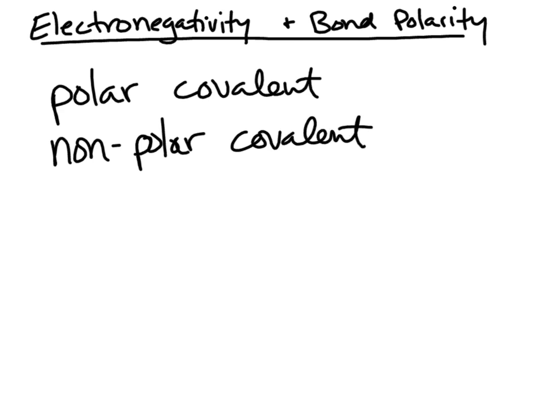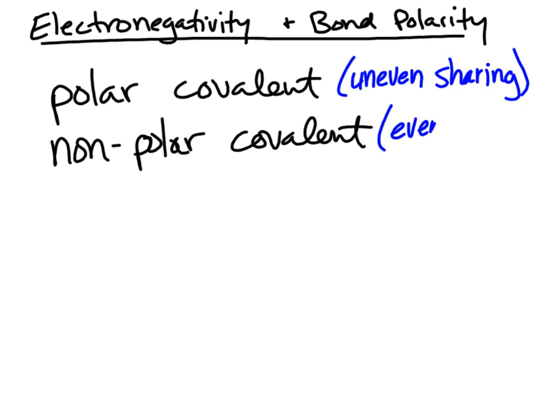So those polar covalent bonds, that's when you're going to have an uneven sharing. Good way of putting it. So an uneven sharing of the electrons, and then a nonpolar covalent is even sharing. They're sharing them equally. Okay.